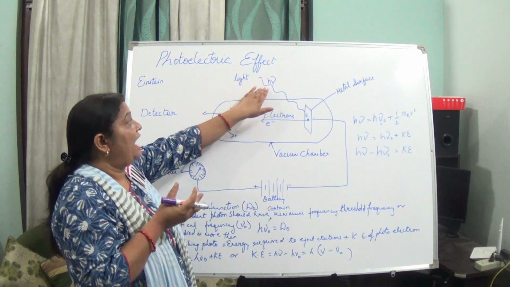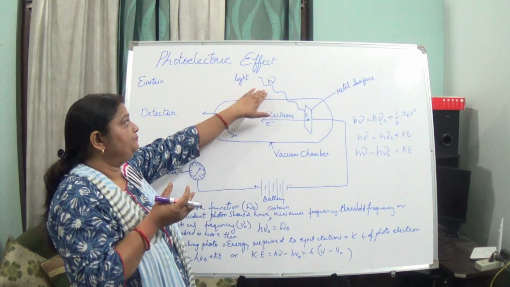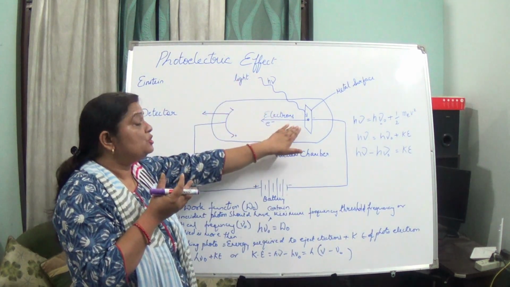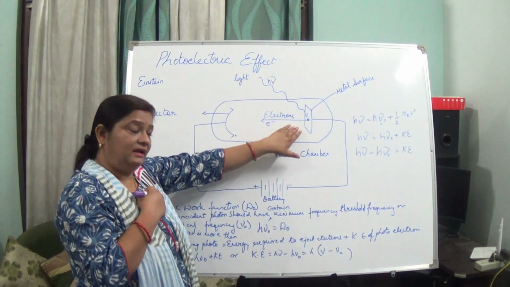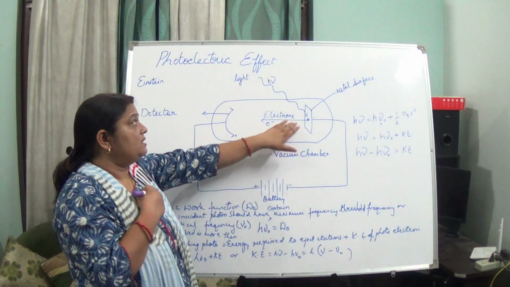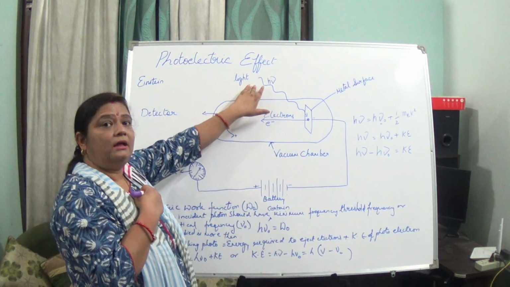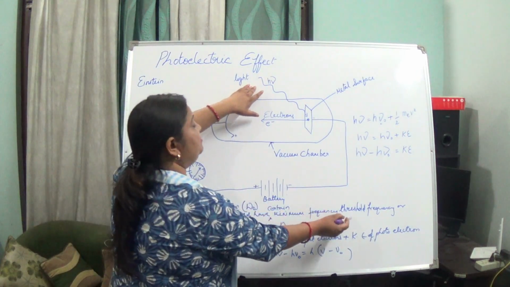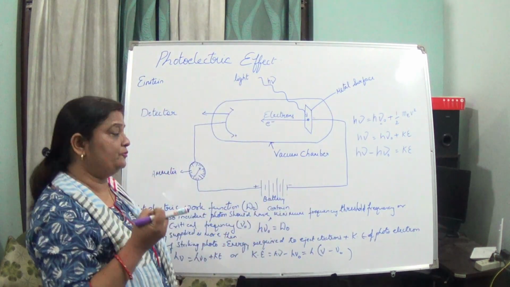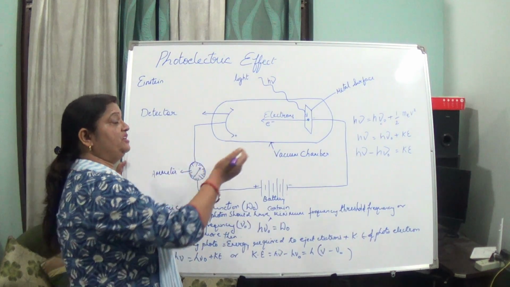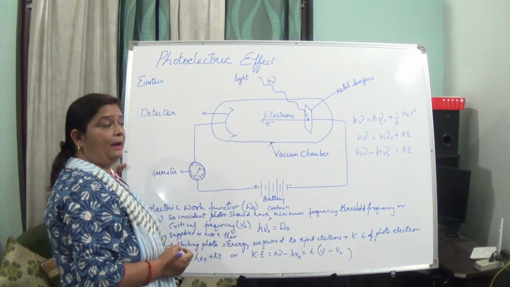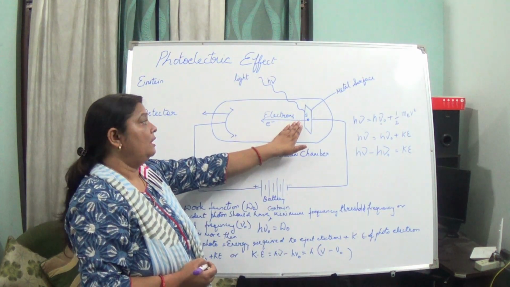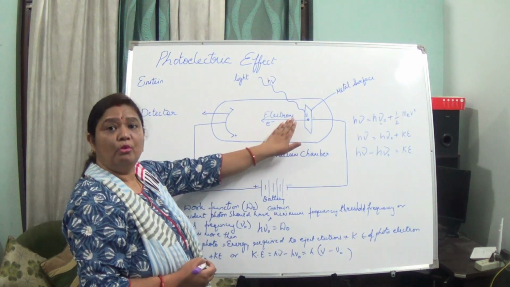So we have to provide light of a certain frequency so that it can eject the electrons. If we provide only the threshold frequency, the minimum frequency to eject the electrons, the electrons will be ejected but they will not move.